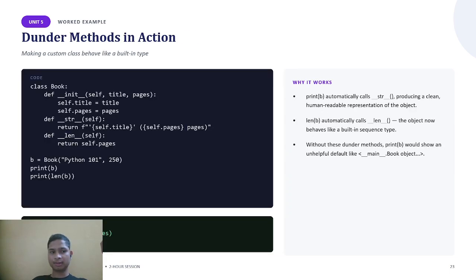Here we have dunder methods in action, making a custom class behave like a built-in type. How it works is, if we print b, it will automatically call __str__ and produce a clean, human-readable representation of the object. And len(b) will automatically call __len__, and the object now behaves like a built-in sequence type. Without these dunder methods, print b would show an unhelpful default like __main__.Book object.